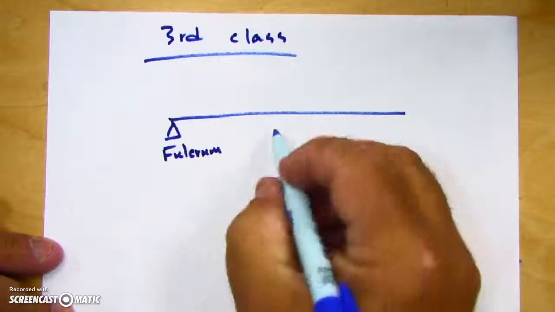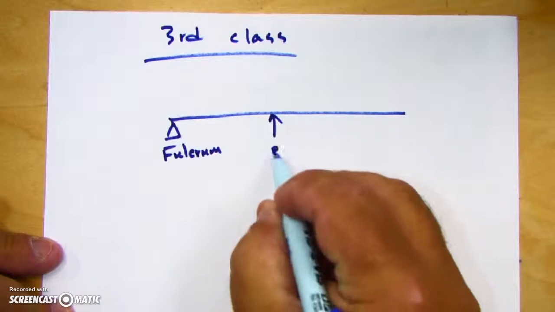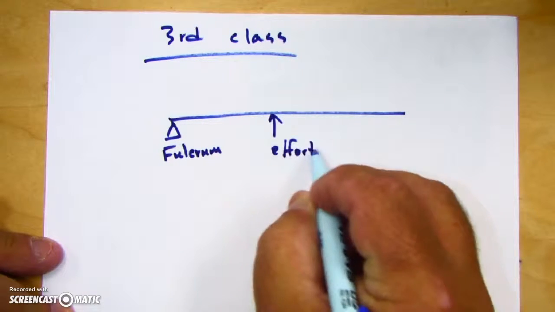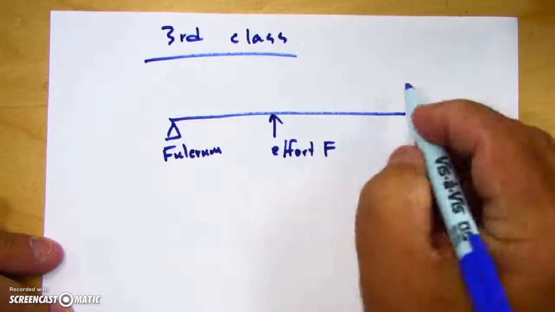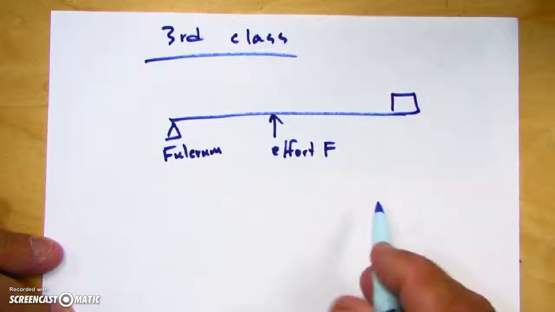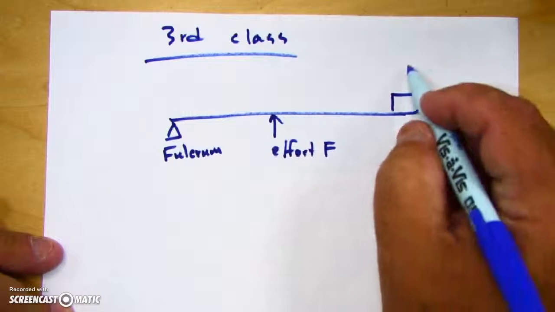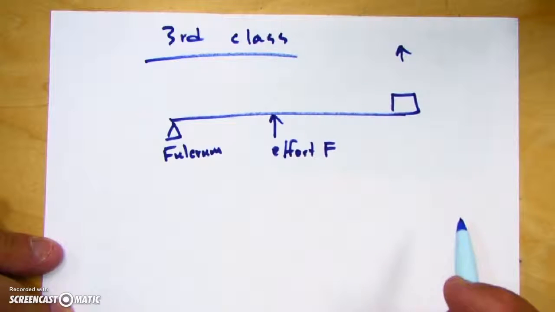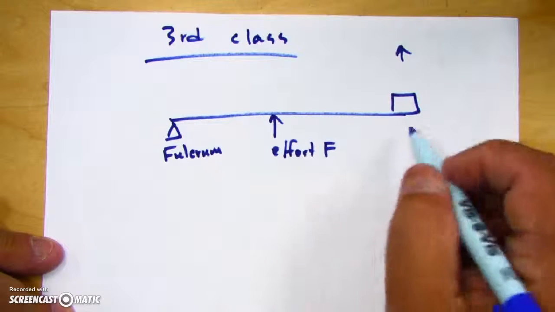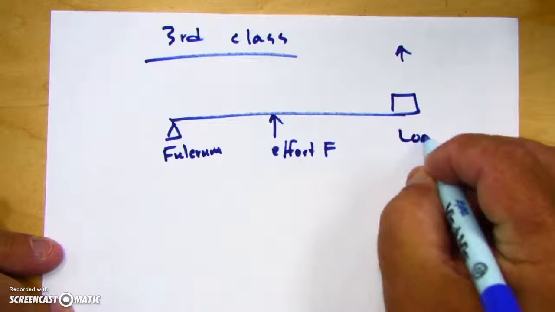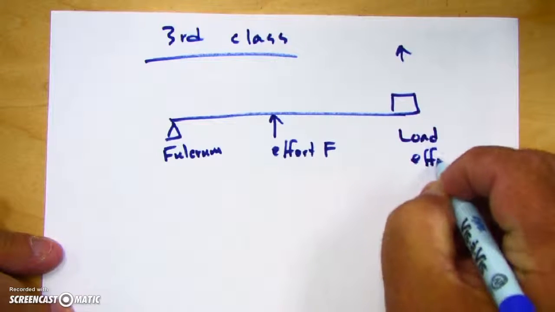But now your effort force is in the middle. If you push up on that rigid rod, that means your load is going to be pushed in that direction. The load is going to go up. It's always acting against it. So this is your load or your effort force.